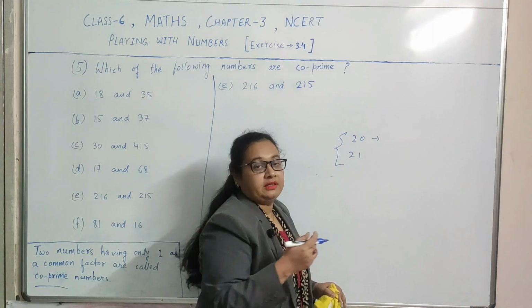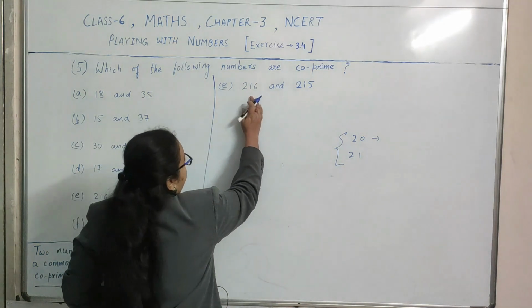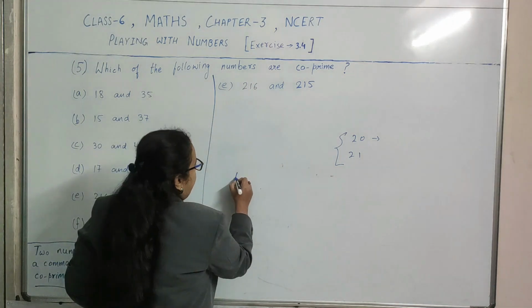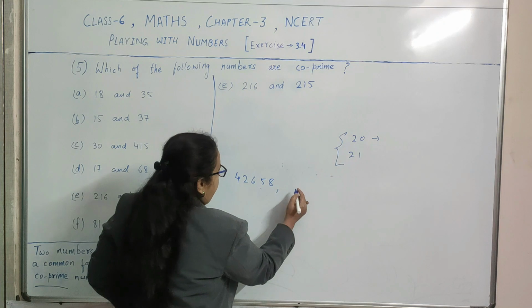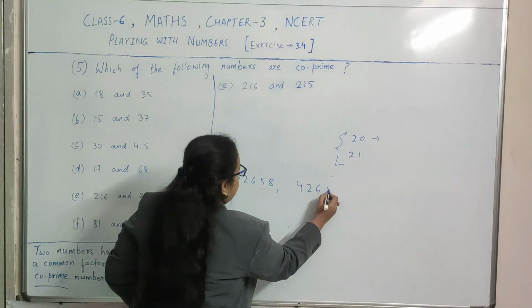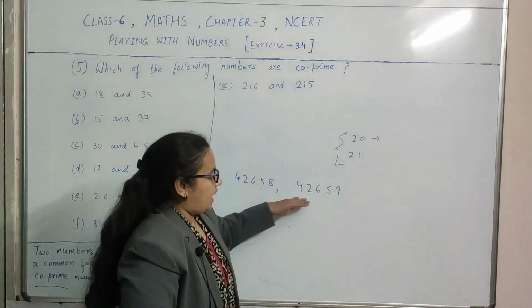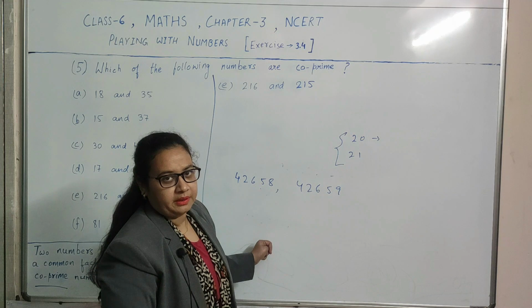So let us check whether they are coprime or not. Because sometimes, see, this is also a big number, 216 and 215. Sometimes you may get numbers like 4265 8 and the number just after this, 4265 9. And if you are asked whether the numbers are coprime, will you go on finding the factors of the number?